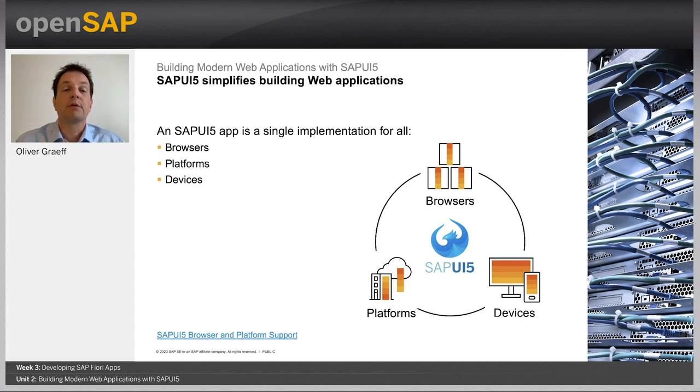Web applications are running in a browser, and SAP UI5 supports all major browsers. And by this, an SAP UI5 application can run in all these browsers and many different platforms, operating systems, and devices, be it desktop devices or mobile devices. So this is a very common scenario in today's world.